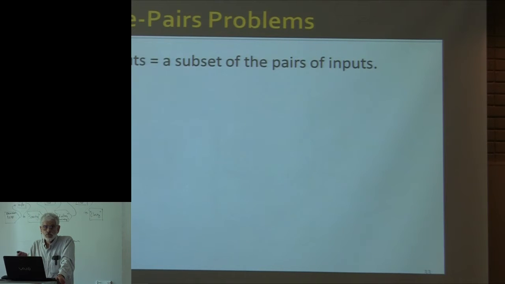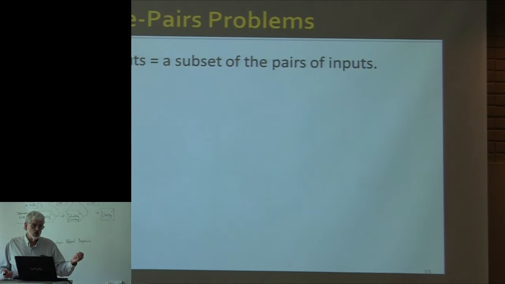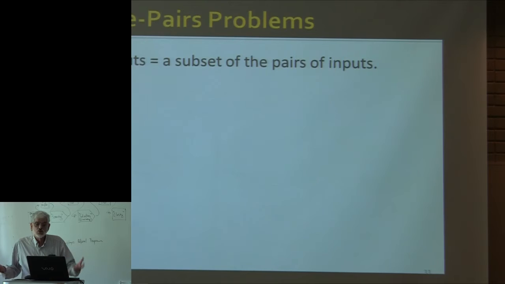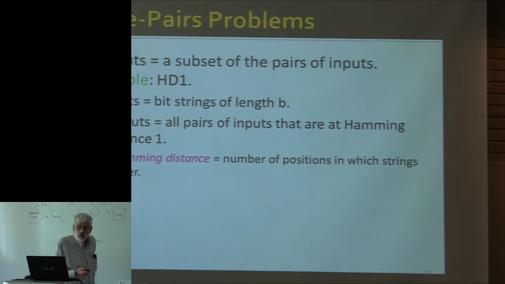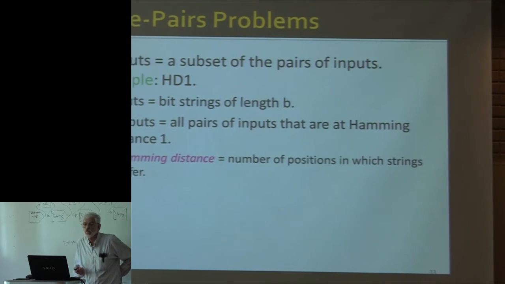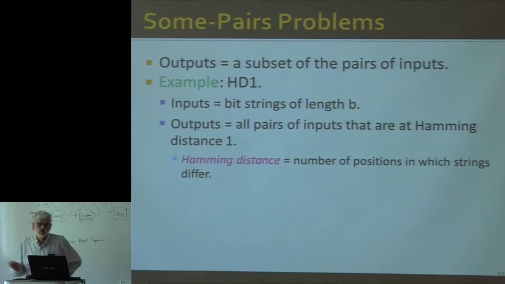So again, using the same model of a problem, we'll say a problem is a sum pairs problem if the outputs are sums of pairs of inputs. That is, each output consists of 2 inputs, and maybe all pairs are there, but probably just some of the pairs are there. So just as an example, I want to talk about the HT1, or Hamming distance 1 problem, where inputs are bit strings of length b for some particular b.